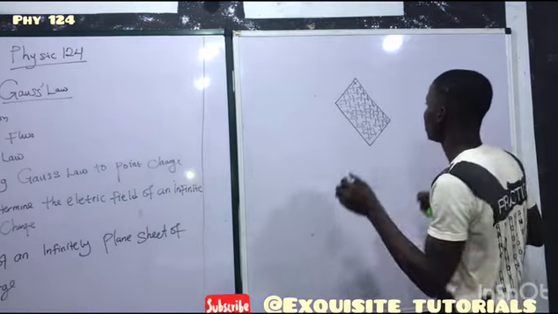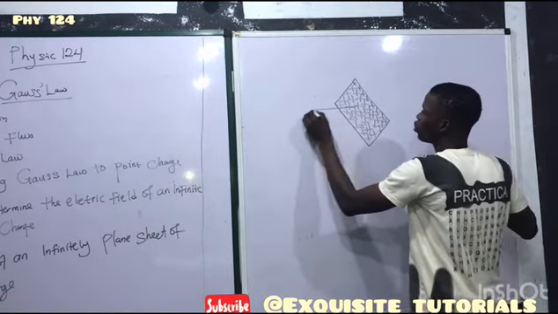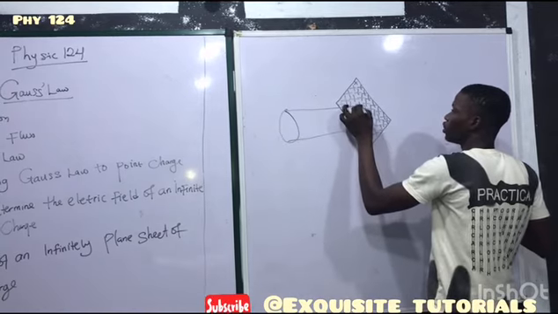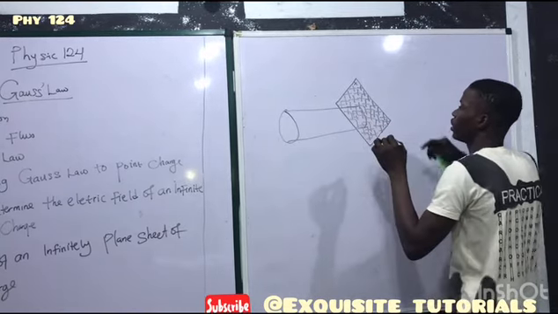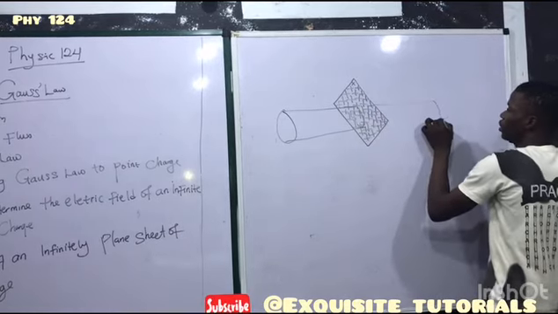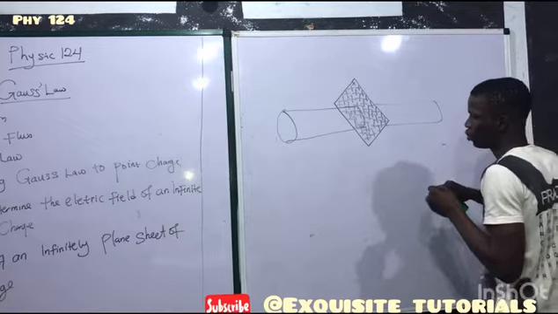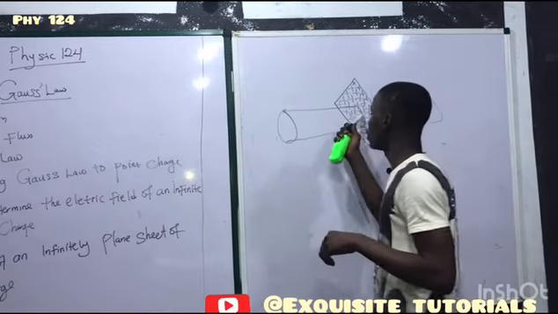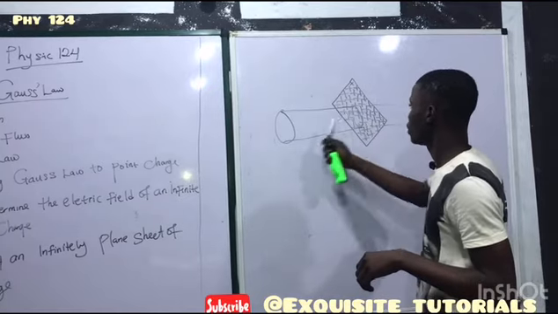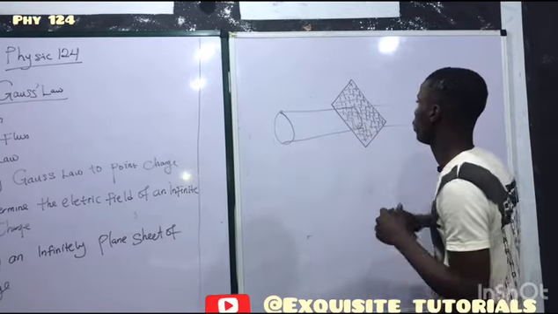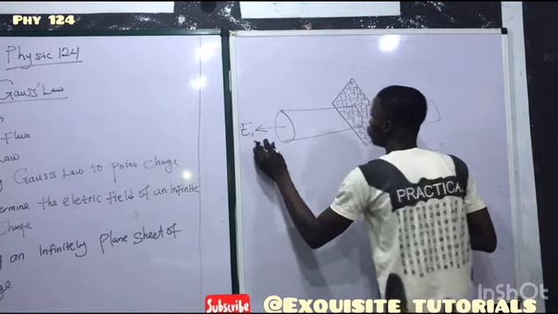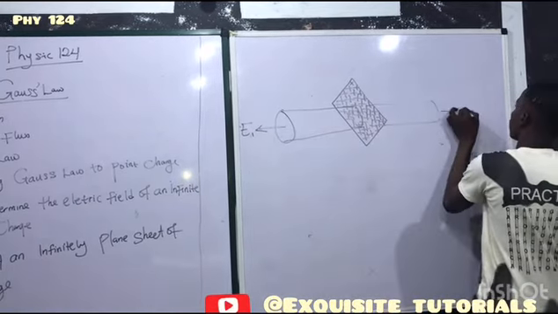This time I'll be using a cylinder, but this cylinder is just cutting through a particular segment of this non-conducting plate sheet carrying charge around it, to just cut through a part from it. So the cylinder is just cutting through a part of it, and normal, as I said, electric field strength will be flowing through this part and this part.